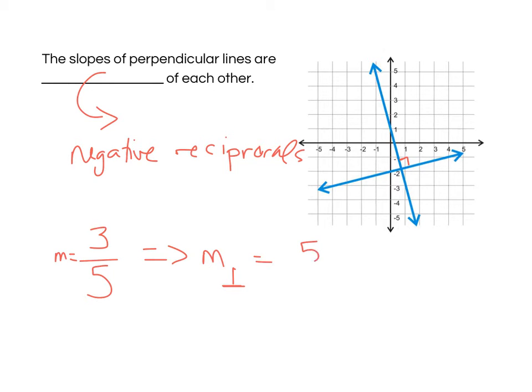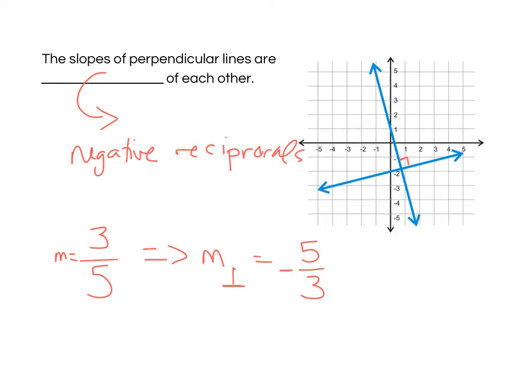The reciprocal just means making the numerator the denominator and vice versa. And then we also make the value have the opposite sign, so negative. And there we go. So, if we knew that these lines were perpendicular to each other, we could ascertain that about the slope values.